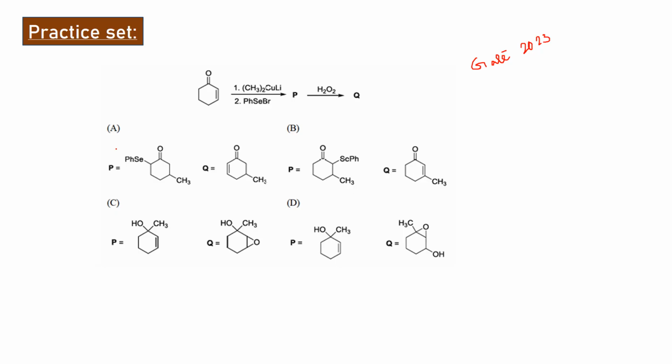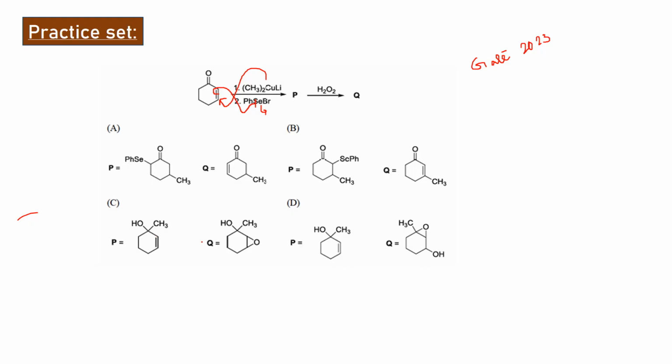This is called Gilman reagent. If you add this Gilman reagent, it will attack selectively at the beta position, and a negative charge will generate here, and it will attack this selenium complex, and bromine will be removed.